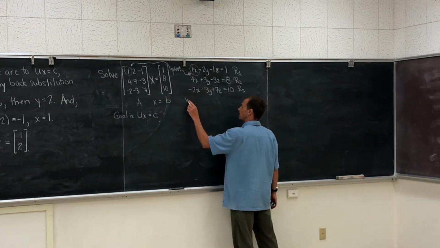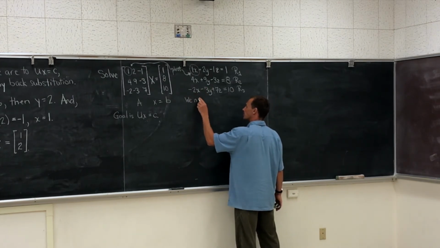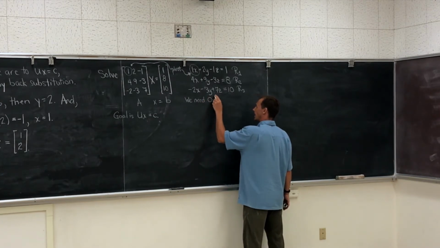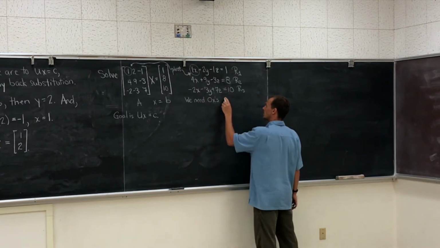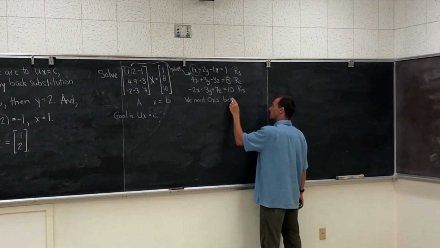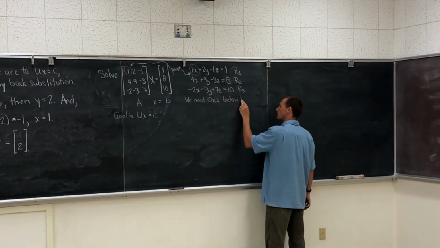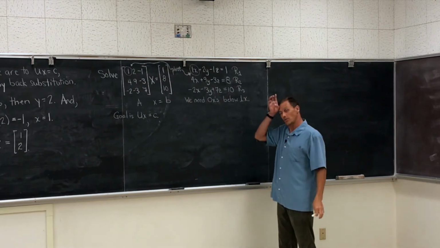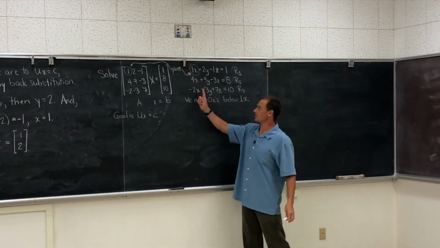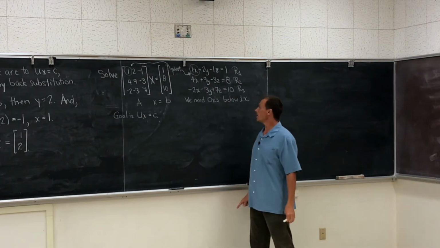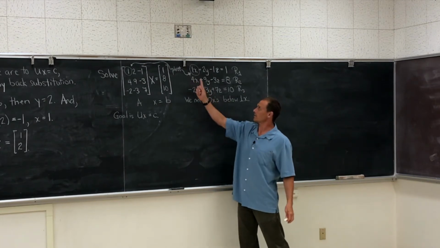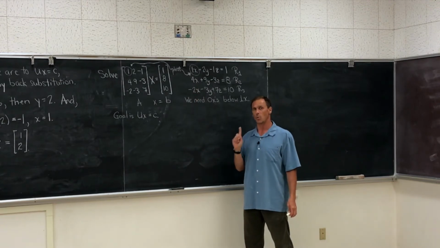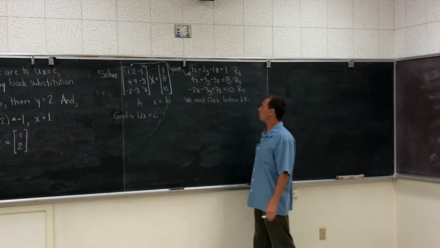We need 0 x's below 1x. Okay? So there's no confusion here because neither of these are 1x's. So there's our 1x. We need to make a 0x here, and we need to make a 0x here. We're going to do that one step at a time.